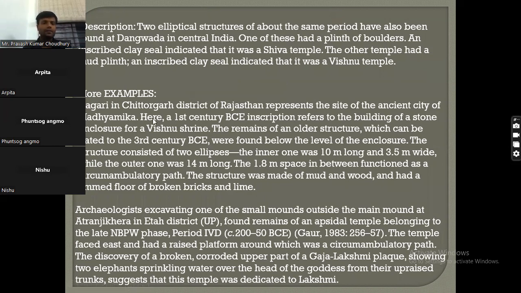For example, at Nagari in Chittorgarh district of Rajasthan, there is an ancient city called Madhyamika, belonging to the first century BCE. There, within the archaeological excavation, another Vishnu shrine was discovered. Archaeological excavation of mounds at this site of Madhyamika, one of the ancient cities, gives another impression of a temple dedicated to God Vishnu.